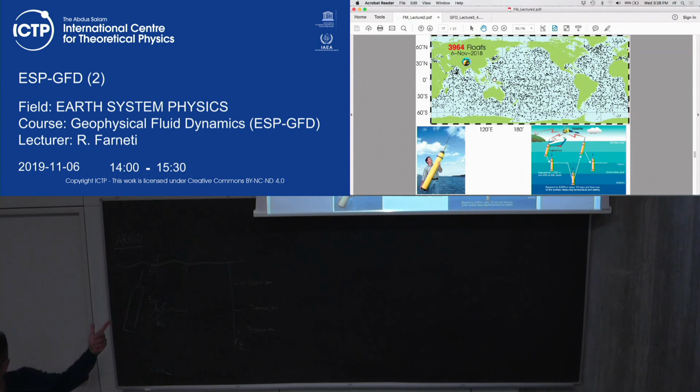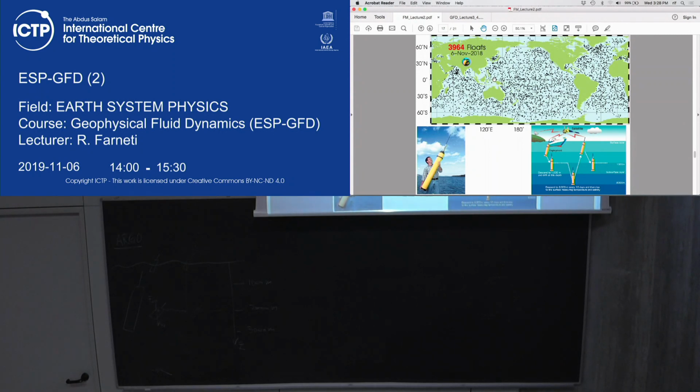And when it's done sending all the data, it is programmed to recover the original weight. So it will start to sink again down to the level of buoyancy, and it will start moving again at 2,000 meters depth. So they just use the buoyancy force in order to measure temperature, salinity, velocity, whatever, with this instrument.